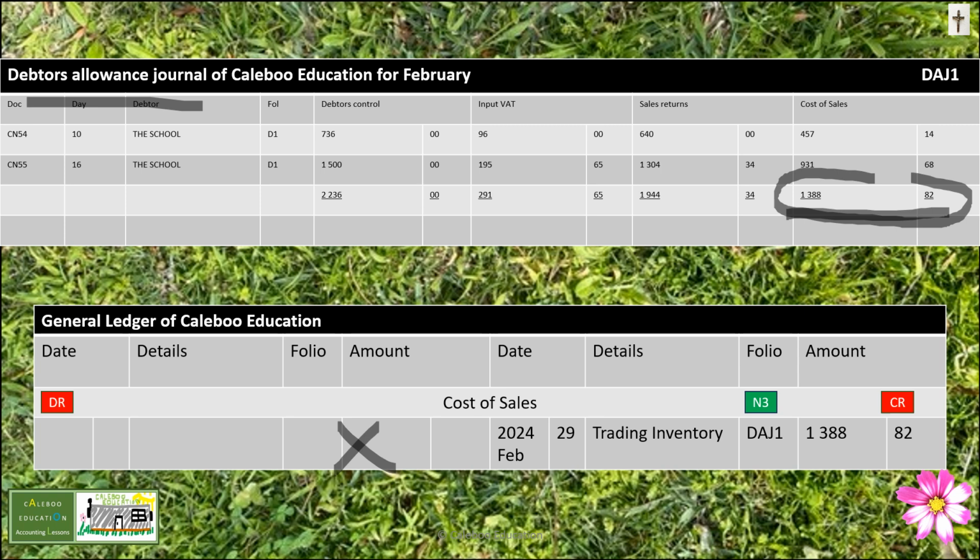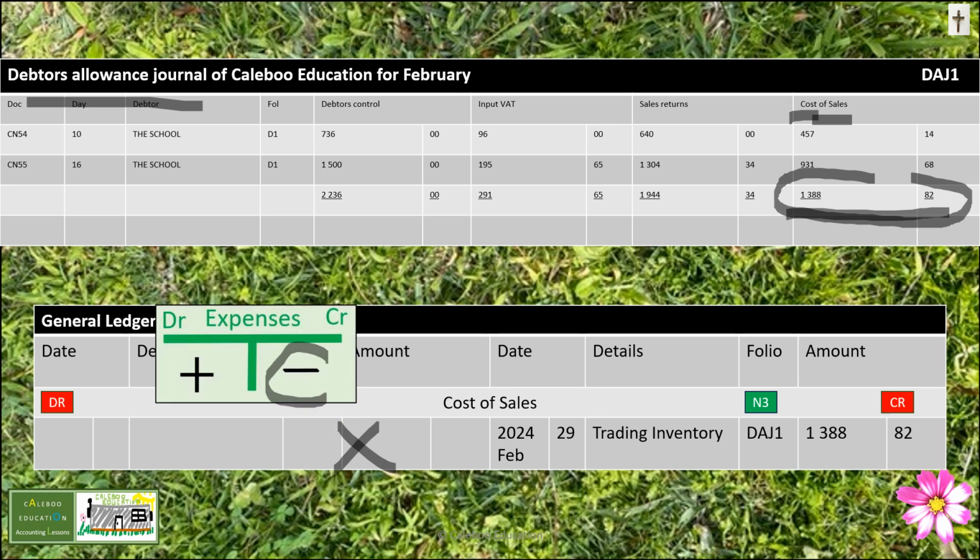Now these are allowances, so the entry needs to get posted to the cost of sales account in the general ledger, and this is a difficult one to explain, but it's a decrease in expense, because at the moment the expense was overstated as, in inverted commas, you can say the sale was reversed or never took place because of the returns.